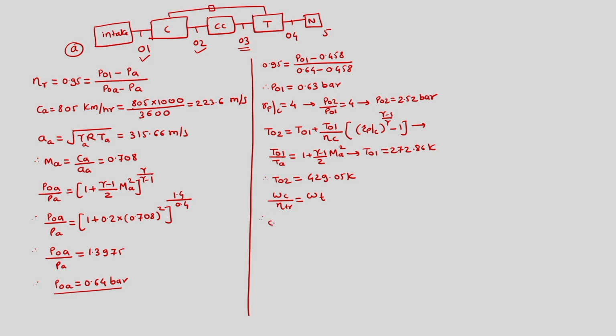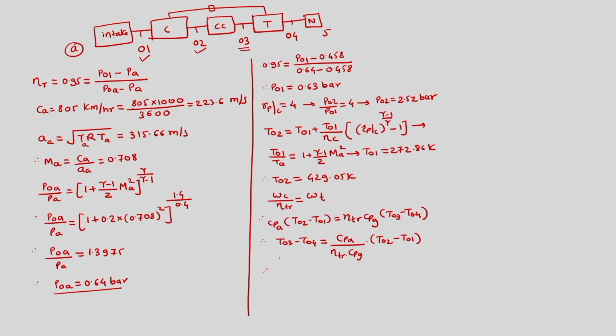So we have Cp of air into T02 minus T01 is equal to transmission efficiency into Cp of gas into T03 minus T04. So T03 minus T04 is equal to Cp of air divided by transmission efficiency into Cp of gas, into T02 minus T01.